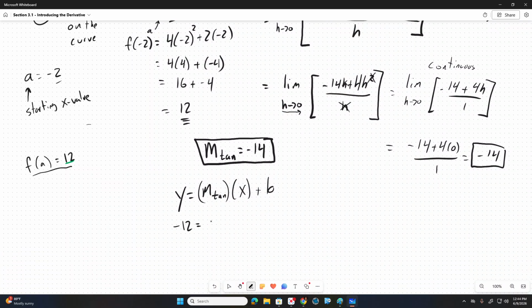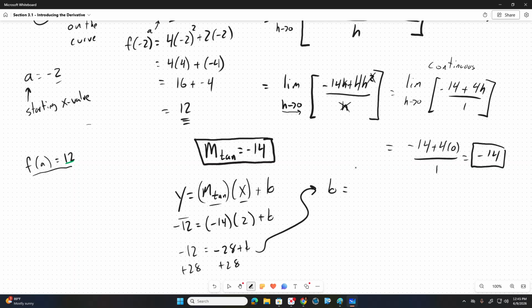Negative 12 equals negative 14 times 2 plus b. Negative 12, just plugging in the y value and the x value from the point and the tangent line that we found. This is going to be negative 28 plus b. We'll add 28 to both sides. And I think we come out to be that b, if I've done my math correctly, should be 16.